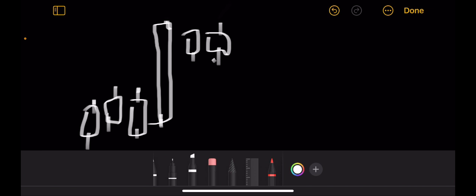This candlestick is the candlestick before the large move, the big jump in price, and this one is the one after.